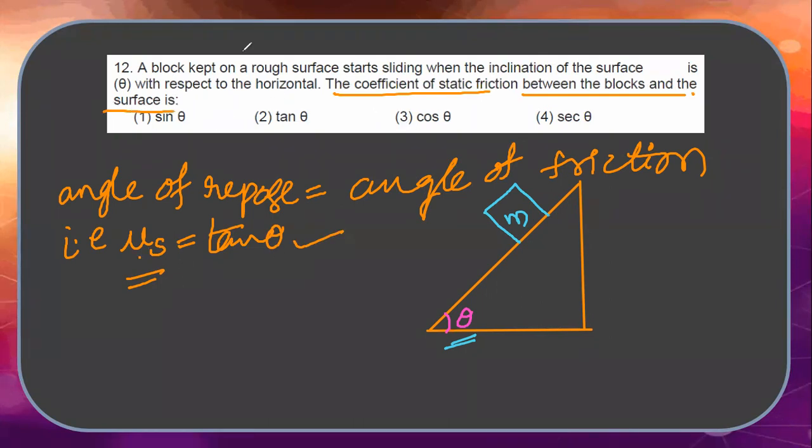Tan theta is the answer for it. mu s is equal to tan theta, or tan theta is equal to mu s, and the angle of repose is also the same. That's why tan theta is the correct option.